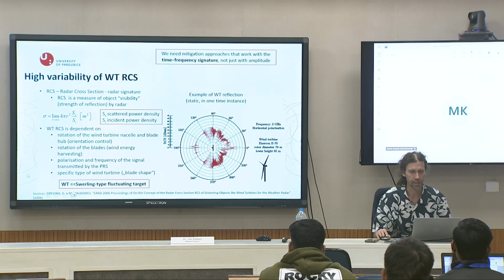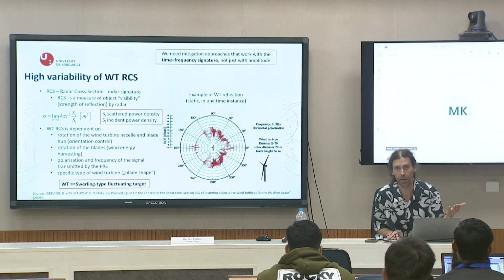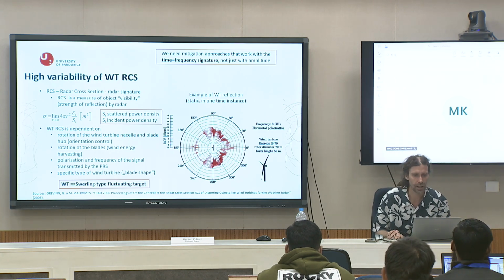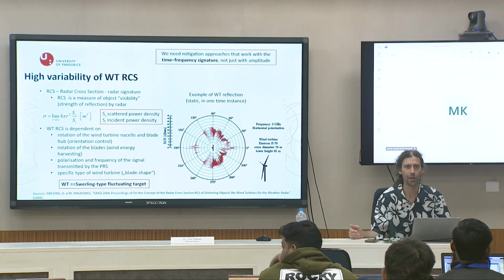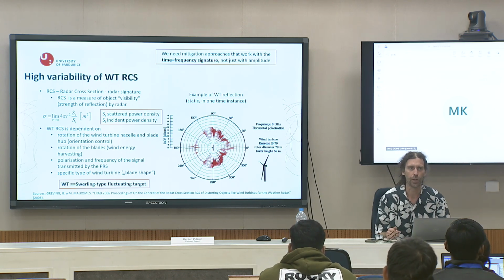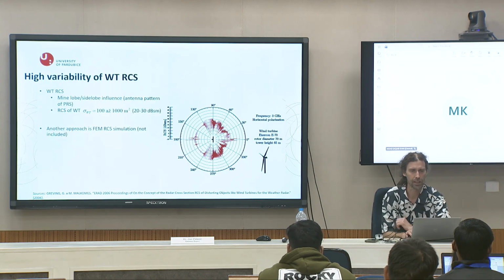It also depends very much on the specific type of wind turbine, because the shape of the blade is similar in each turbine, of course, but for sure a little different. And it also depends, and I missed it there, on the material, because individual materials have different reflections. So there are so many variables, as you can see, that it is hard.